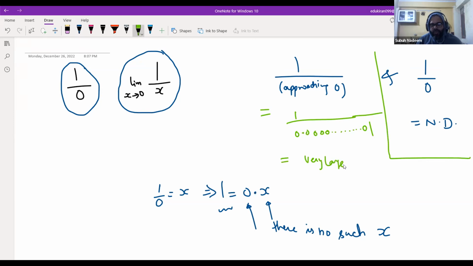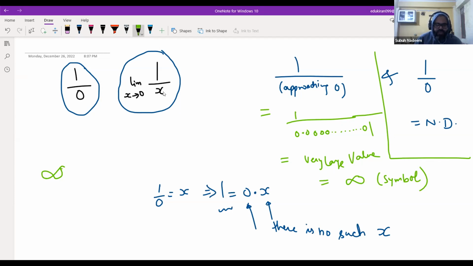The reciprocal of a very small value is a very large value, which is called infinity. Infinity is not called not defined. It does not exist as a number. It is a symbol for a very large value, which cannot be written. Infinity is a Greek letter, actually a symbol for a very large value.